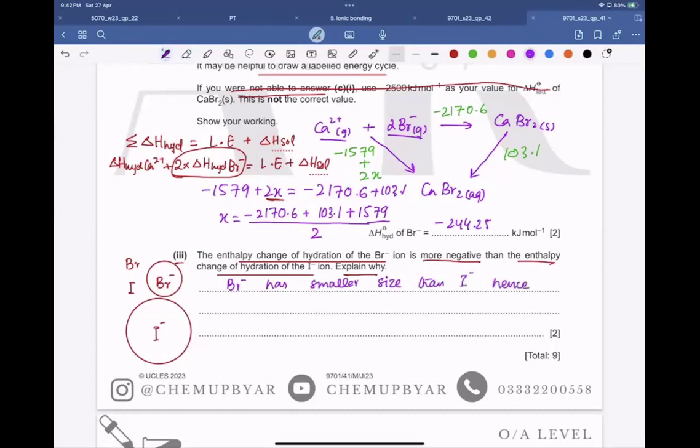Hence, the forces of attraction between bromide ion and water molecules are stronger. Is this clear to all of you?